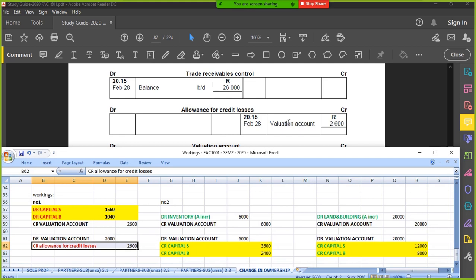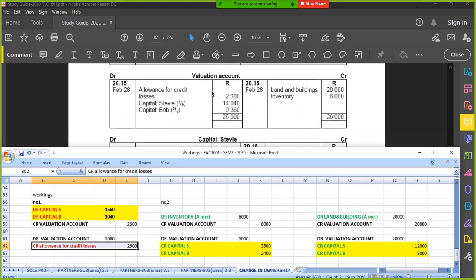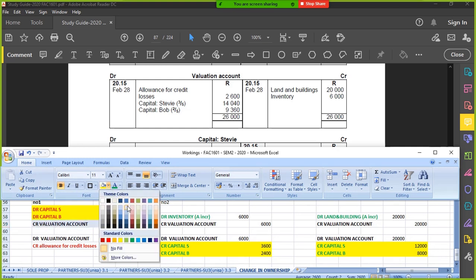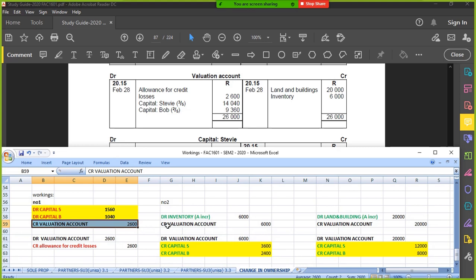All right, here, valuation account. Notice in the valuation account, it's a working account. So let me highlight the working account. Okay, this is a credit. Here's a credit.